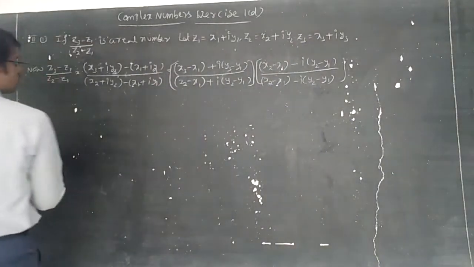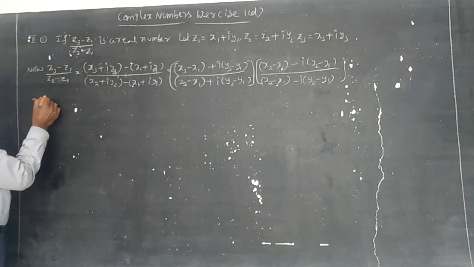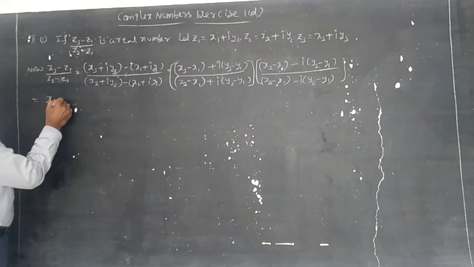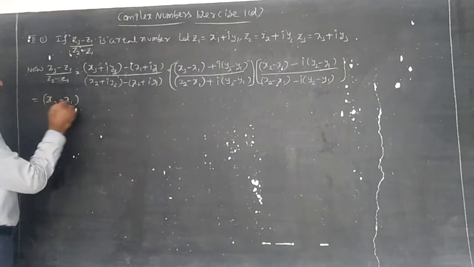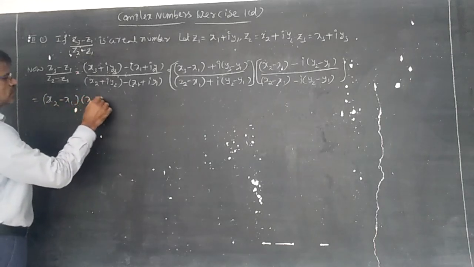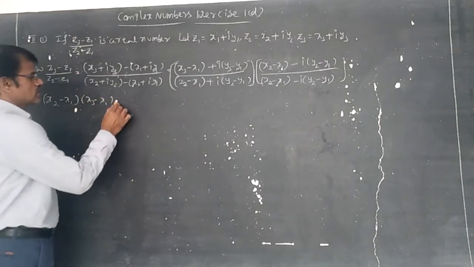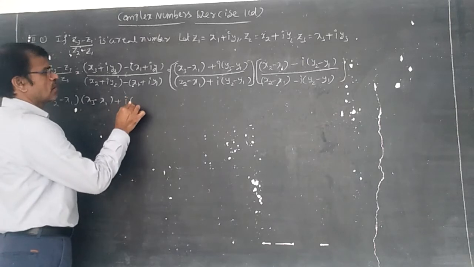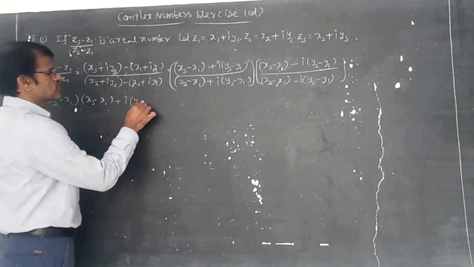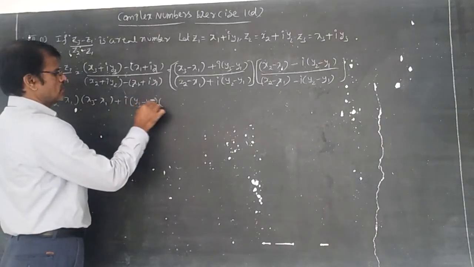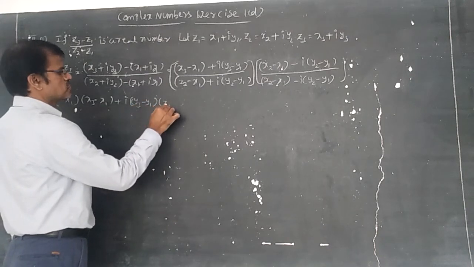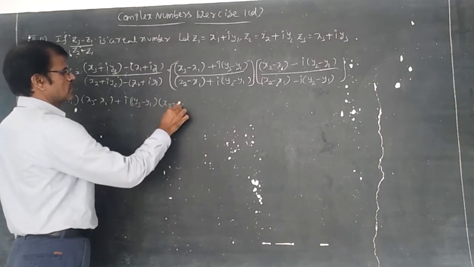Multiply separately to numerator and denominator. So it becomes (x2 minus x1) into (x3 minus x1) plus i into (y3 minus y1) into (x2 minus x1).